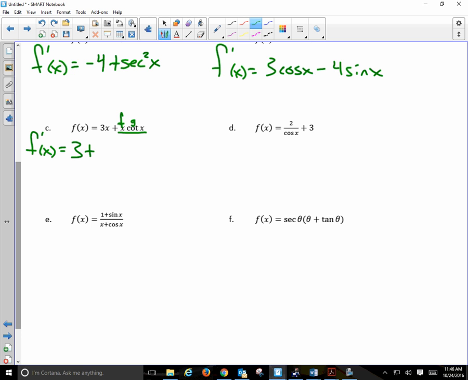So that's F, and that's G. So I'm going to do F prime G plus G prime F. So what's F prime? 1 times G, so cotangent of x, plus, what's G prime?